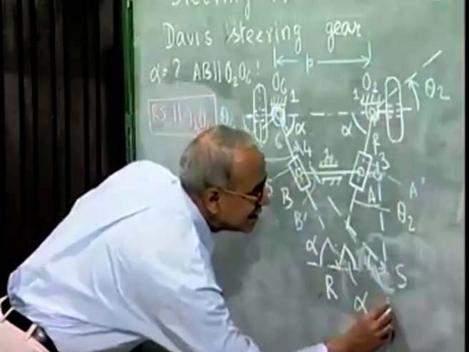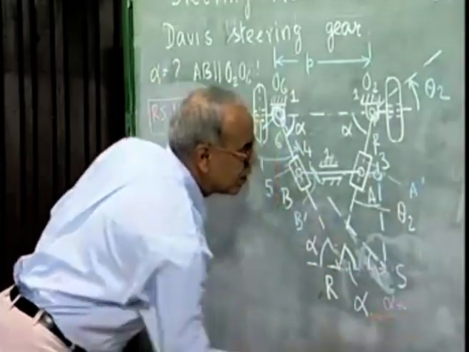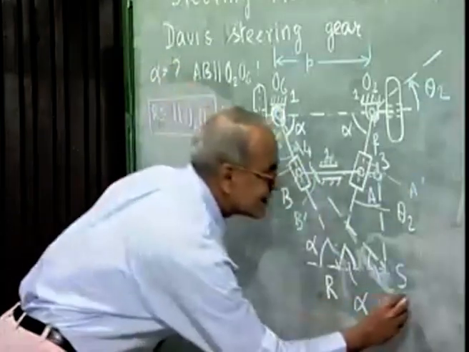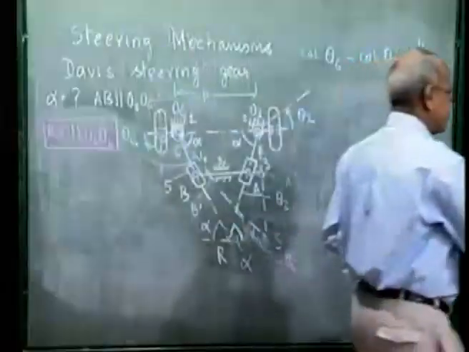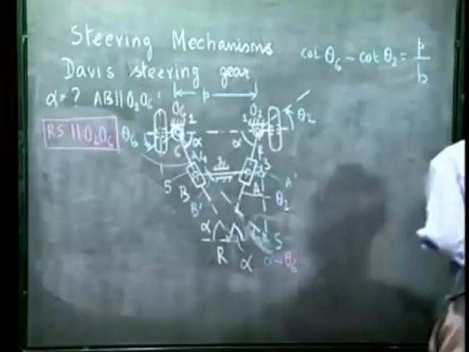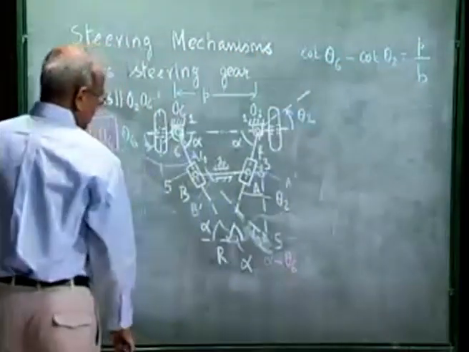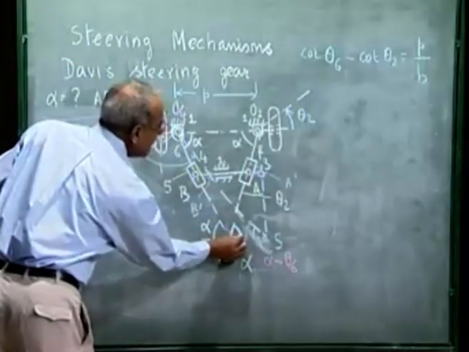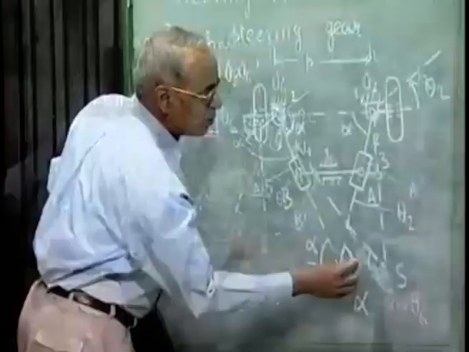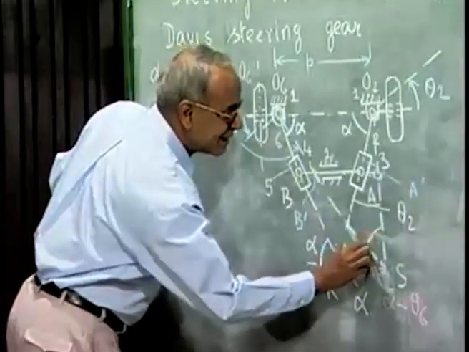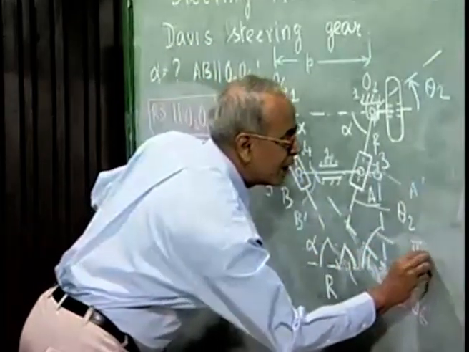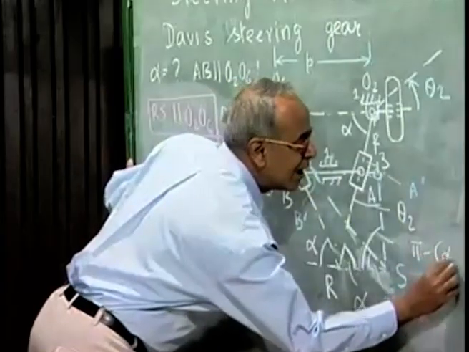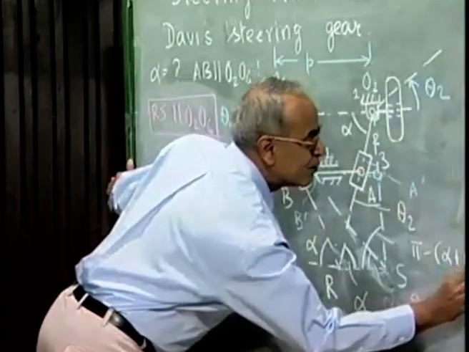So, this angle is alpha minus theta 6. This angle is alpha, this angle is theta 2, so this angle is pi minus alpha plus theta 2.